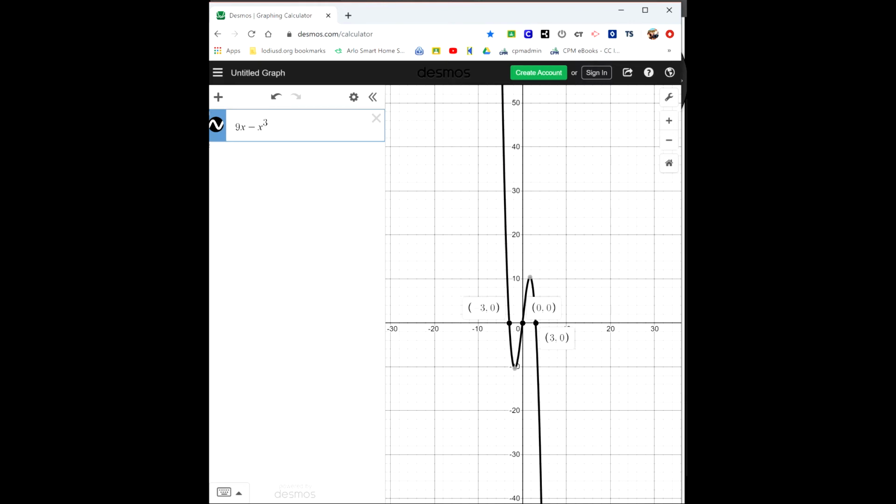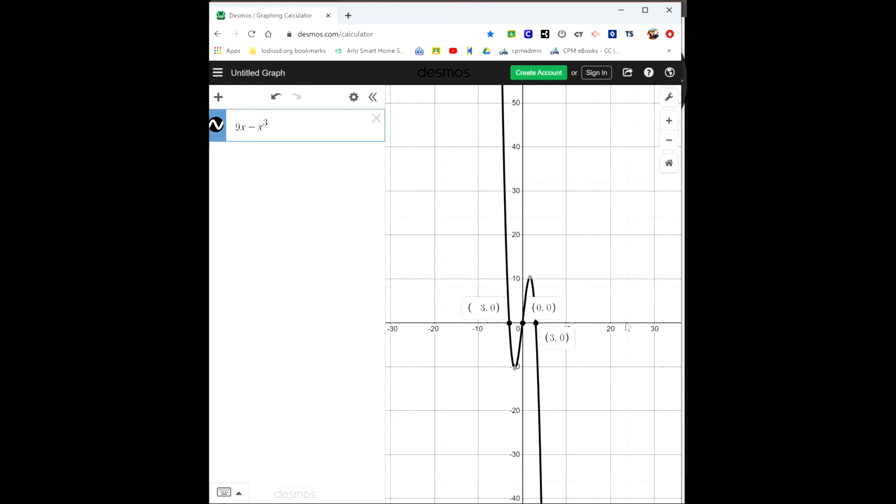On Desmos, this is the graph of 9x minus x cubed, and it says less than 0. So we're looking for all the values of the function that are less than 0, in other words, below the x-axis, or below y equal to 0.